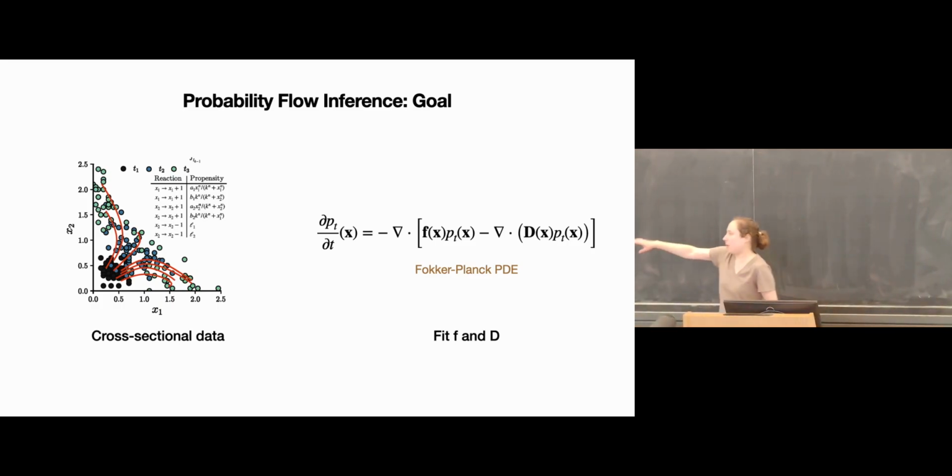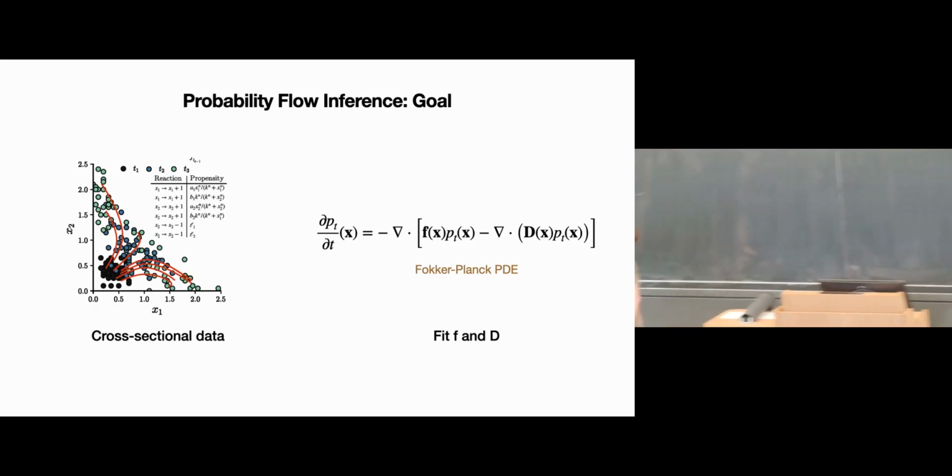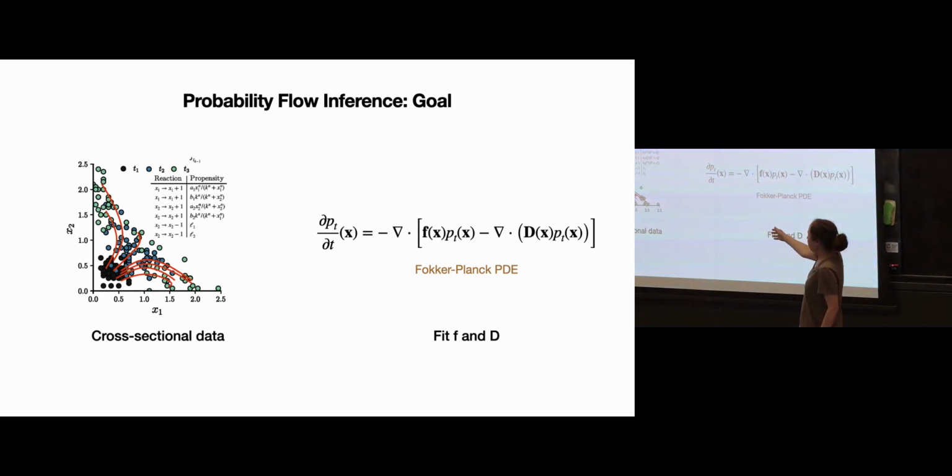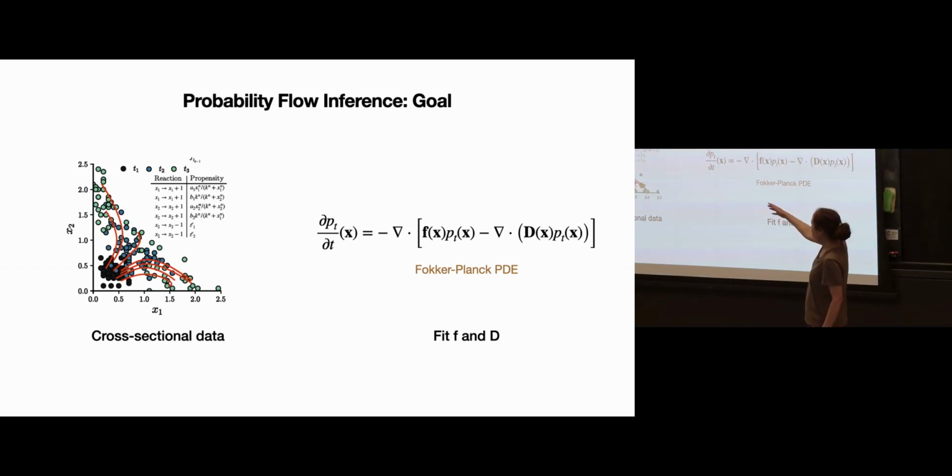We have our population that started at those black spots, and it's sampled at a couple of different time points here, just T2 and T3.